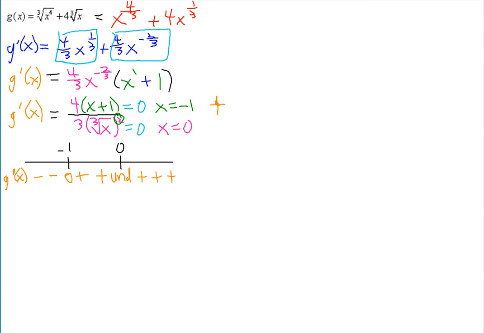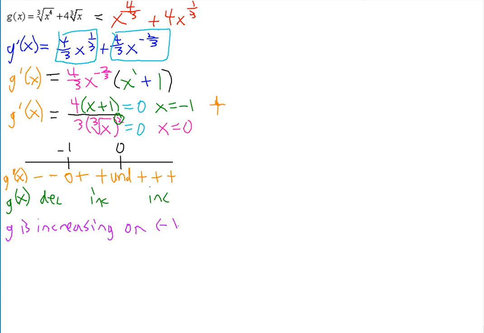So this shows us that the original function g of x, when the first derivative is negative, would be decreasing, positive increasing, and still positive increasing. So we can write down our increasing, decreasing intervals first. So we can say g is increasing on negative 1.